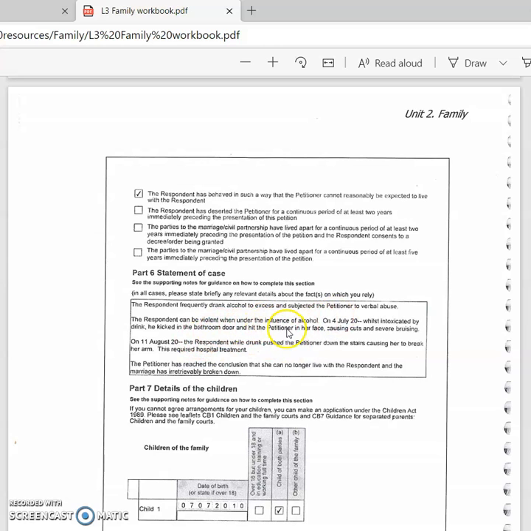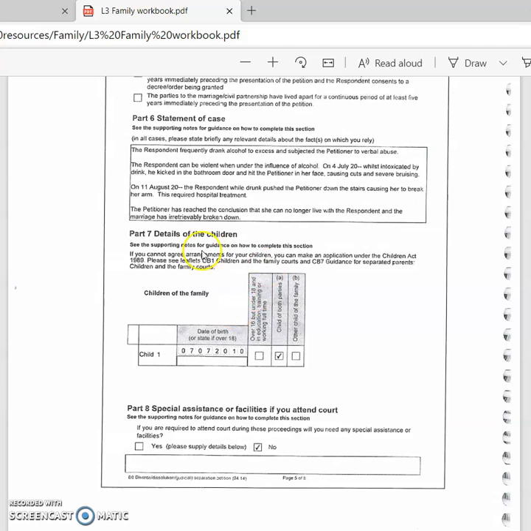He can be violent when under the influence of alcohol. He kicked the bathroom door and hit the petitioner, causing cuts and severe bruising. While drunk, he pushed her down the stairs, causing her to break her arm. She had to go to hospital. She has decided that she can no longer live with him and that the marriage is over.